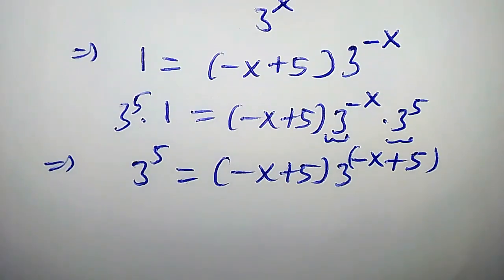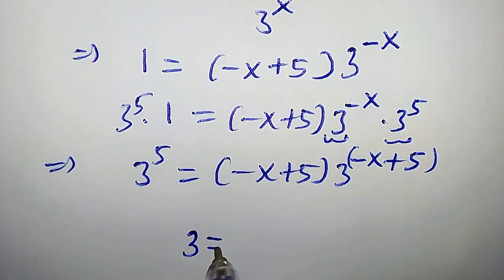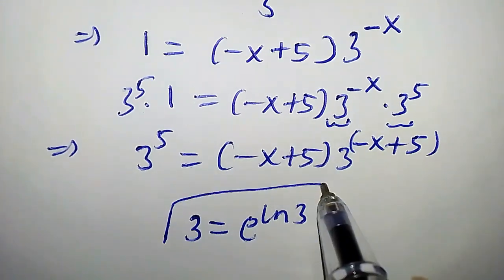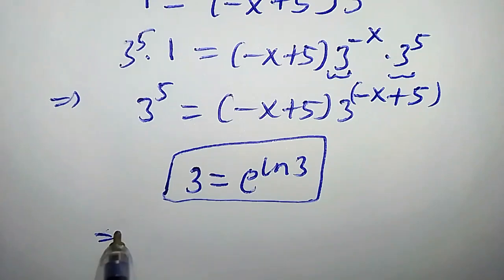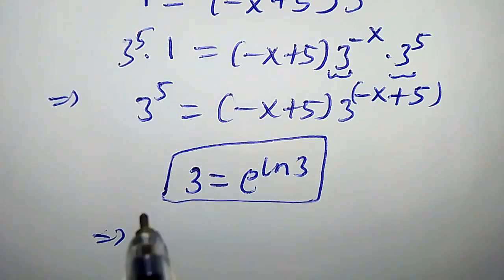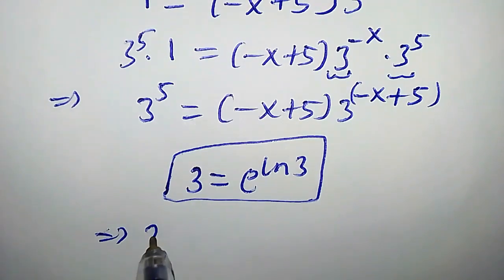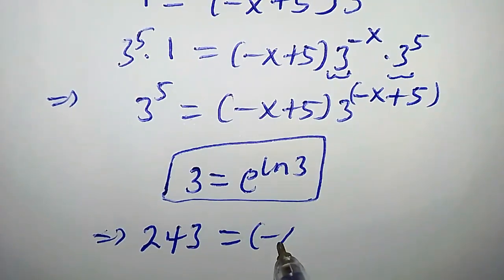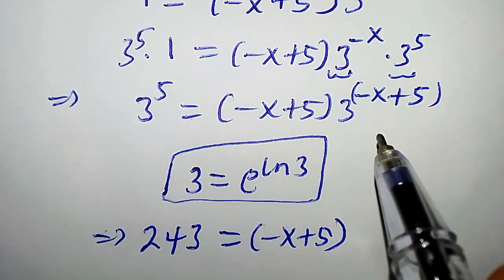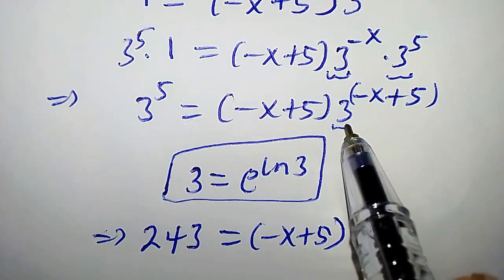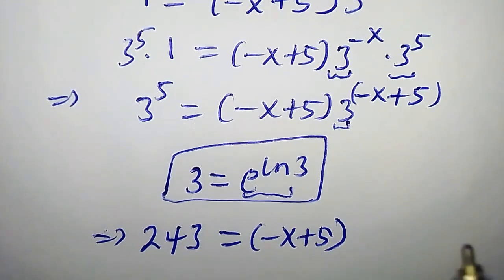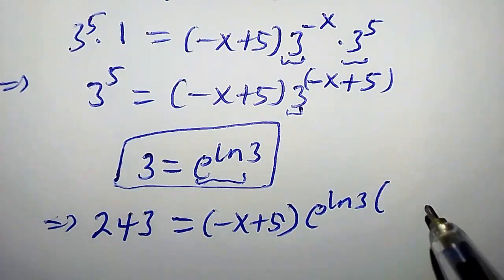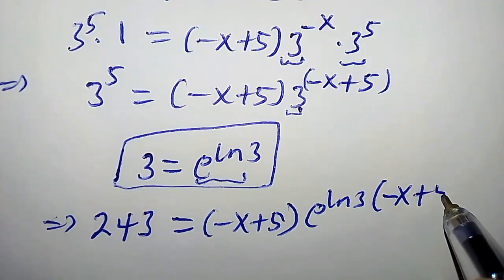So let's proceed further. Recall that 3 is the same thing as e to the power of ln 3. You should remember this. This implies that 3 to the power of 5 is 243, equal to this right hand side, negative x plus 5 times, we will now replace this little 3 with e to the power of ln 3 times this power, negative x plus 5.